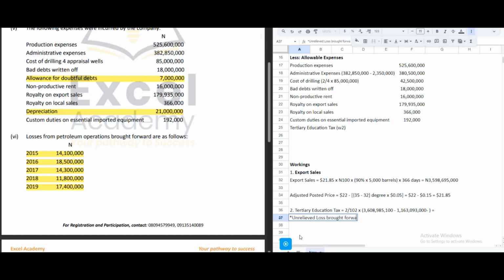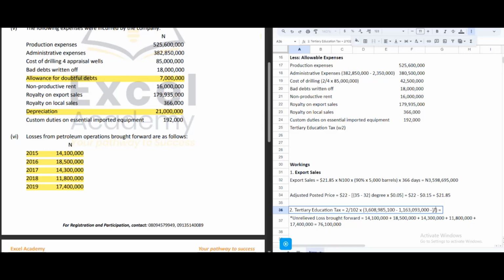Unrelieved loss brought forward, so that's 14.1 million plus 18.5 plus 14.3 plus 11.8 plus 17.4. So addition of all these, what? So this is 76.1 million.